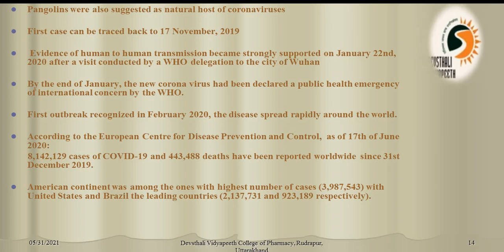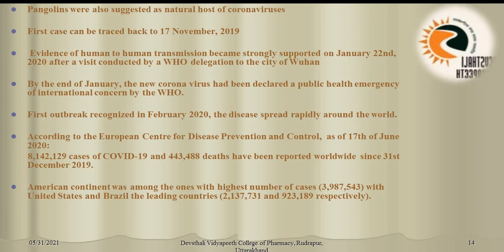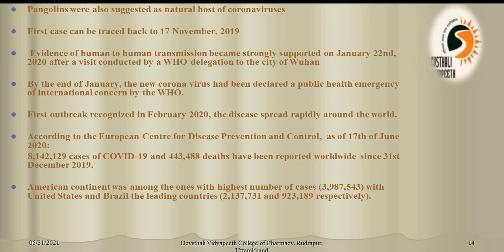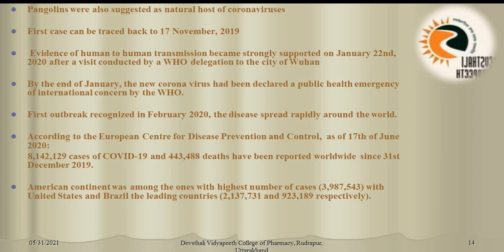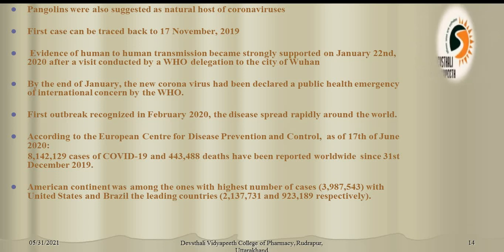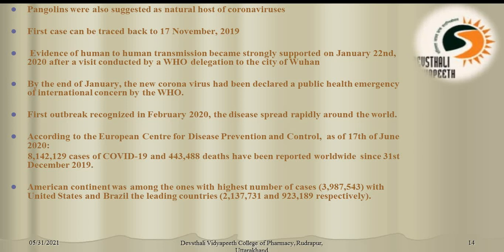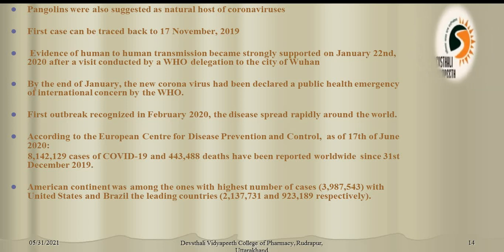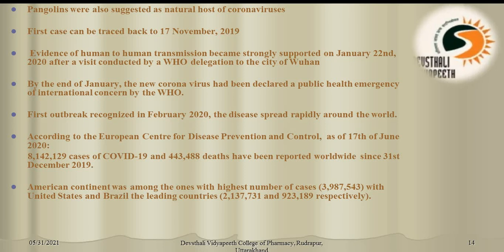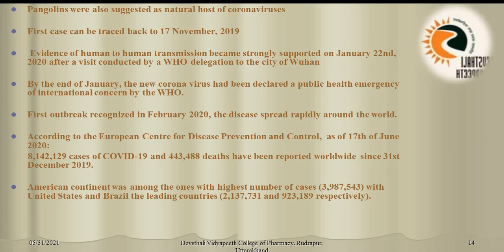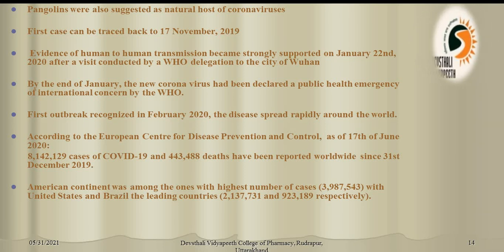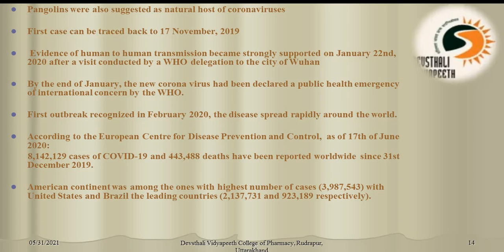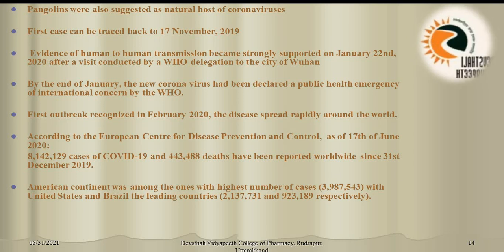As of 17 June 2020, according to the European Centre for Disease Prevention and Control, about 8,142,129 cases of COVID-19 and 443,488 deaths have been reported worldwide since December 31, 2019. Among worldwide cases, the American continent had one of the highest numbers of cases, with countries like the US and Brazil in the lead.